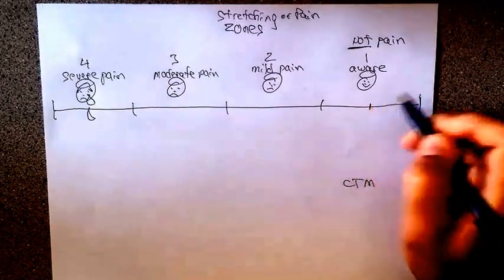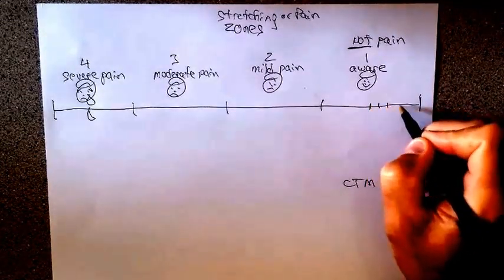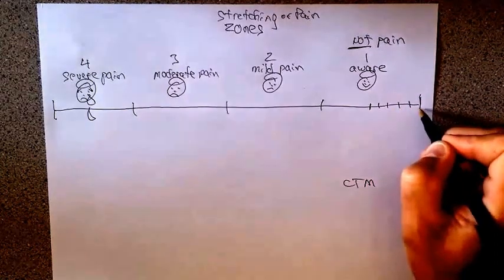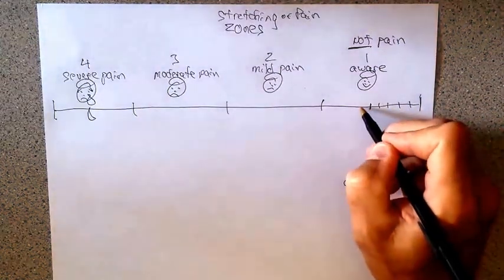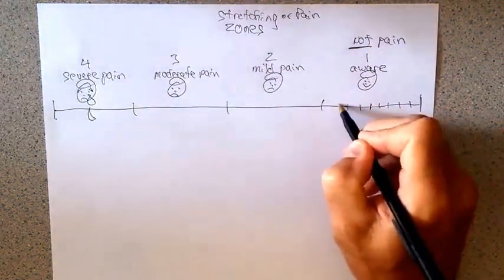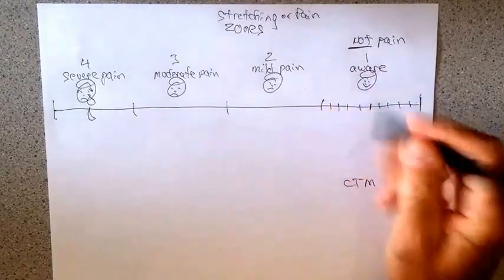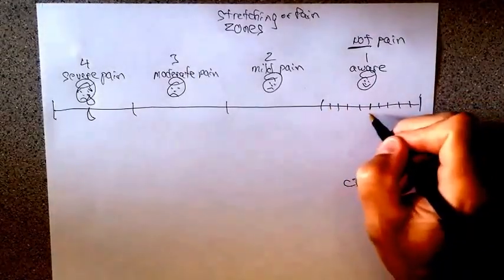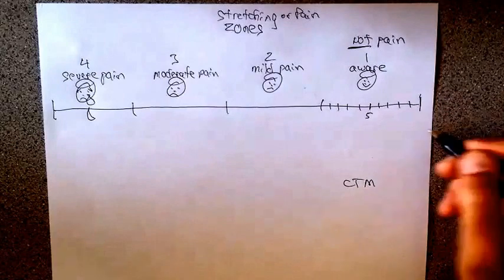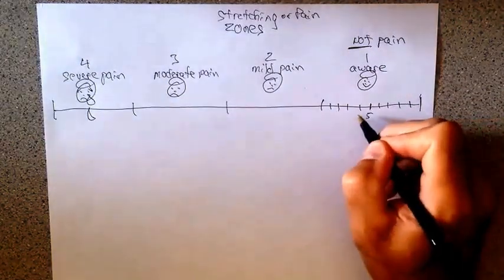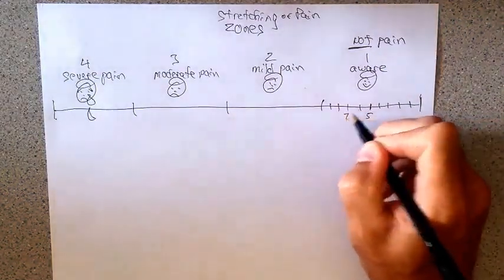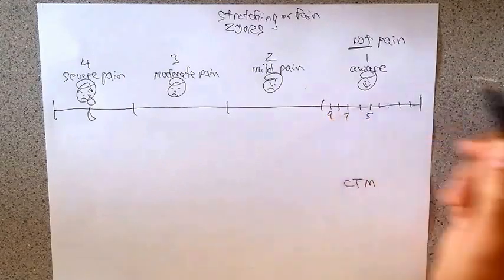So here's 5, 4, 3, 2, 1, 0, 5, 6, 7, 8, 9, 10. And so if this is level 5, then 6, 7, 8, 9.